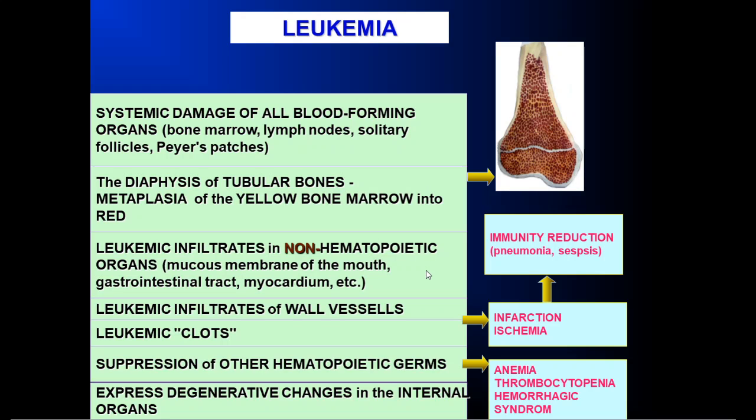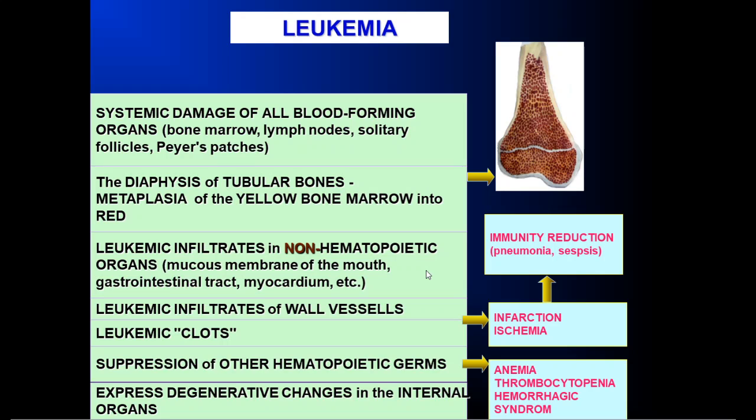First of all, suppression of other hematopoietic germs. So, tumor cells spread, they proliferate, they multiply, and they spread everywhere. This is the main feature that you need to grasp in the topic of leukemia.